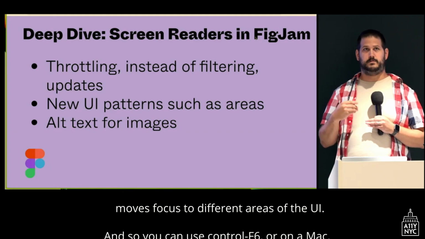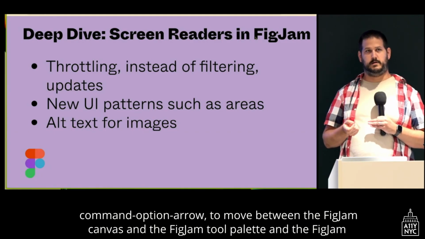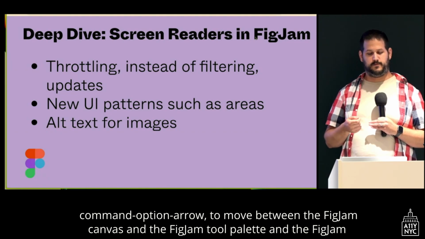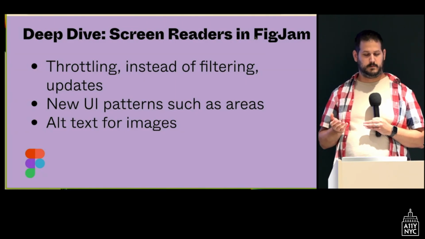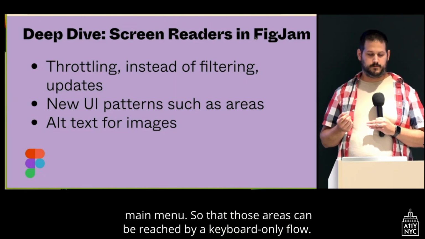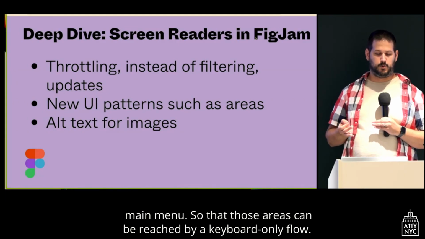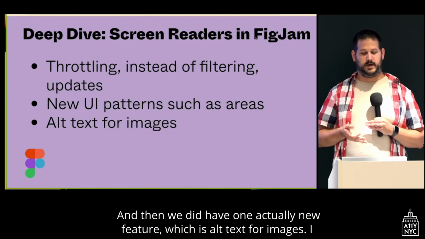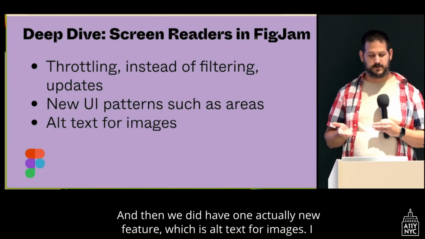And so you can use Control F6 or on a Mac Command Option arrow to move between the FigJam canvas and the FigJam tool palette and the FigJam main menu, so that those areas can be reached by a keyboard-only flow. And then we did have one actually new feature, which was alt text for images.